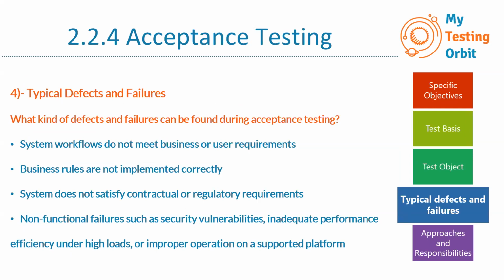In this one, we are expecting system workflows that do not meet business or user requirements. Acceptance testing is all about meeting the user requirements, and mostly it's positive testing which is done in acceptance testing. So if the workflows are not meeting the user requirements, then that will be a potential defect.